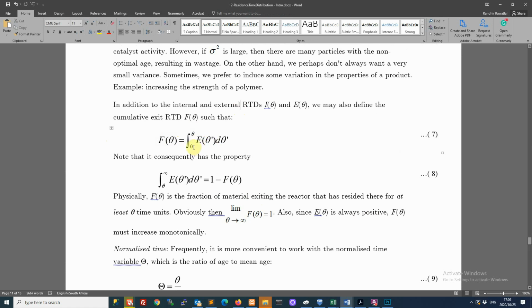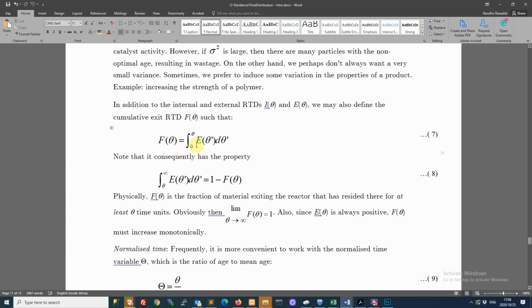So if we integrate from naught to theta, this is going to be the fraction of fluid elements that spend at most theta in the reactor, having exited the reactor. So this is the fraction of fluid elements up to a certain age that we observe at the exit.